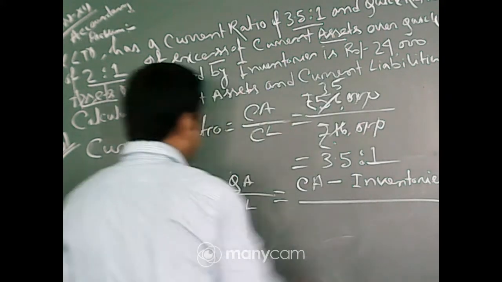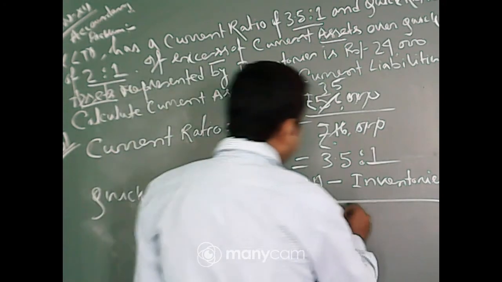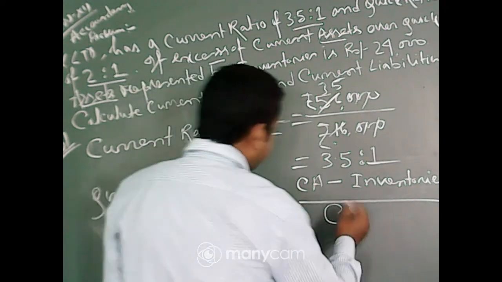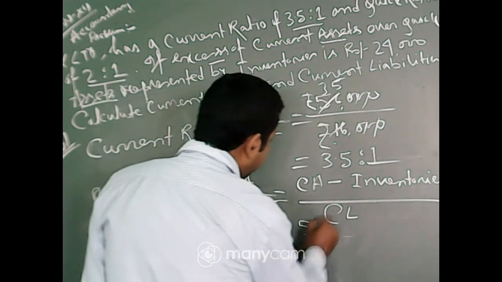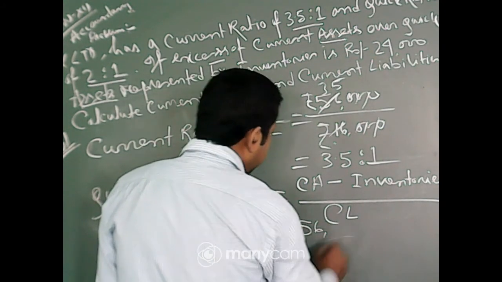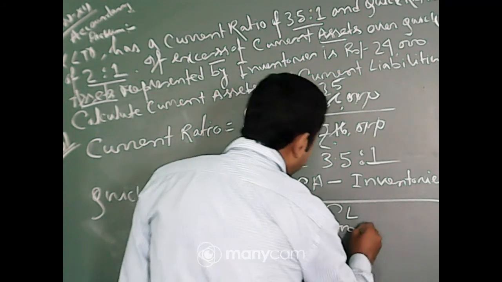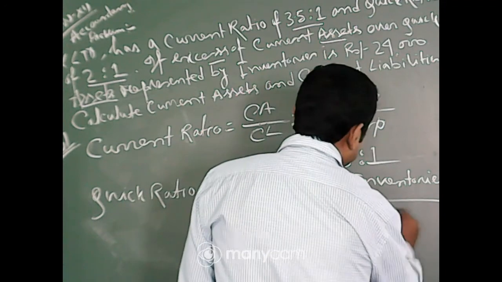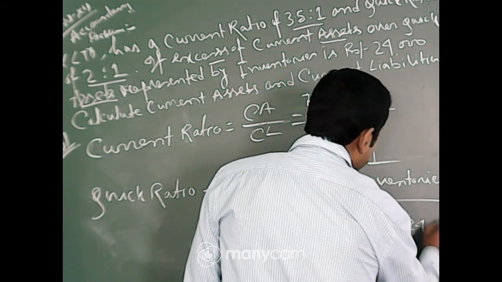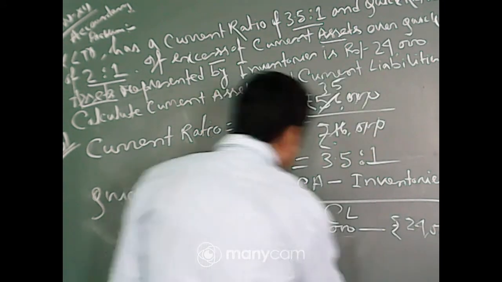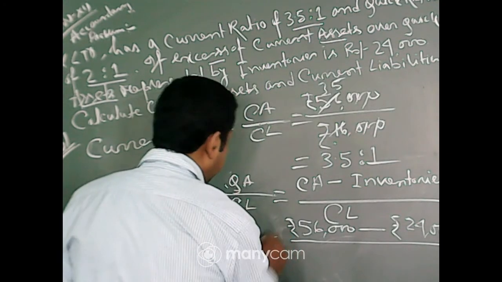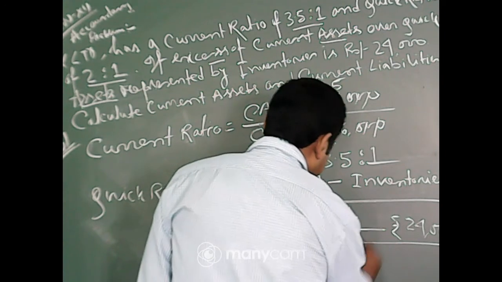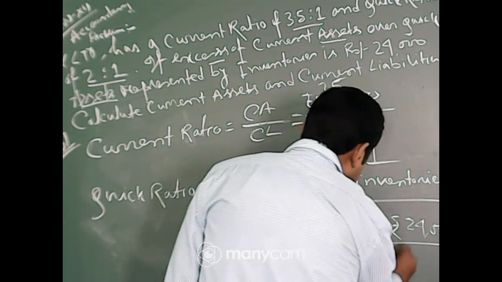Now the denominator is the same, that is current liabilities. So we write down, I am writing in short. Here current assets is 56,000. Just put the amount. And inventories is rupees 24,000. And your current liabilities is rupees 16,000. Okay.